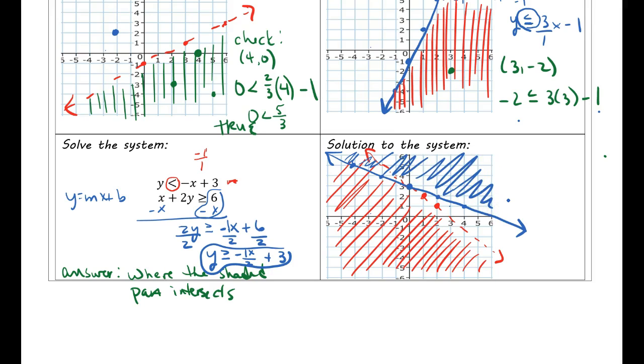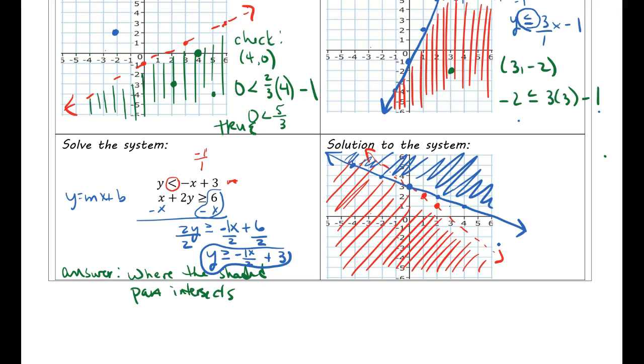Now, the answer to this system is going to be anything where the shading intersects, and it's sometimes hard to see. I'm liking that I used 2 different colors because I can see it on my picture. If you can't see it on your picture, it just means maybe shade a little darker on one so that you can see where they intersect. I'm not really sure what to tell you.